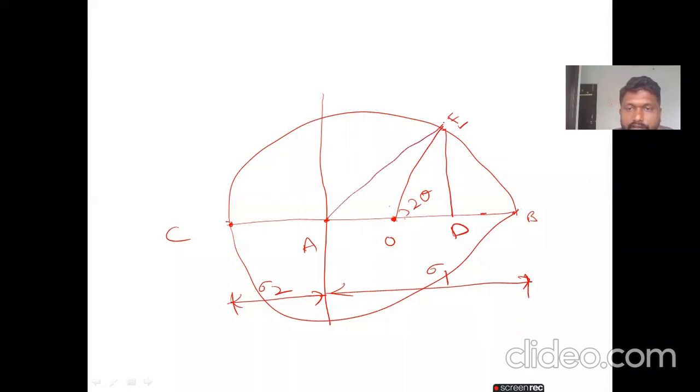Here it is the phi value, the obliquity. Also join CE, from here to here. This is the theta value. This is the Mohr circle, especially in this condition.